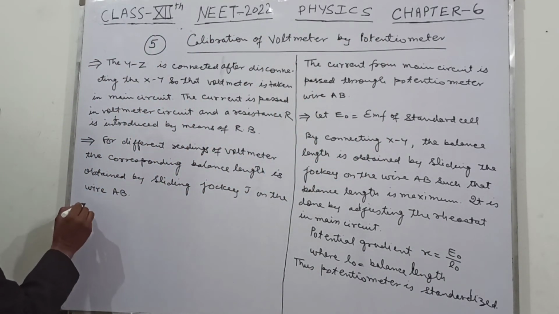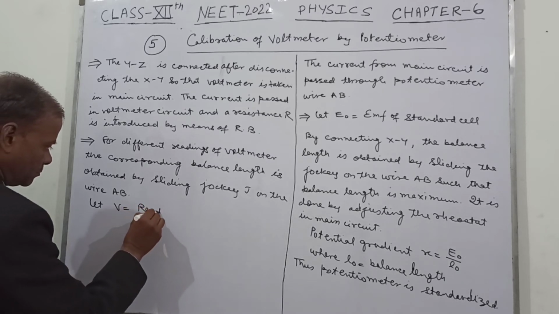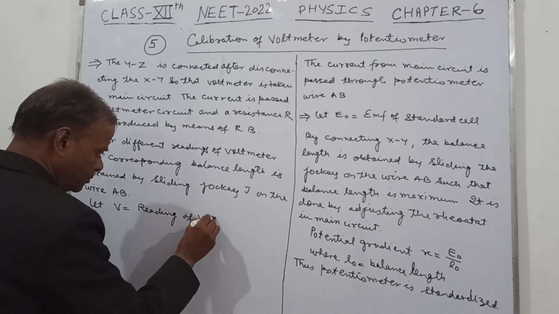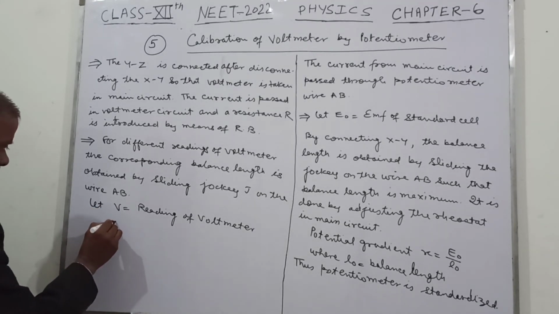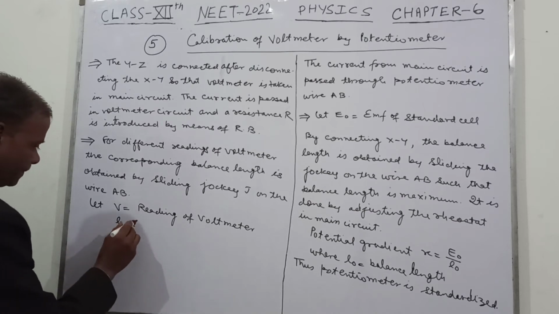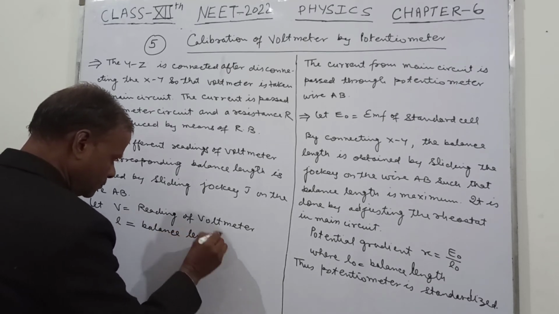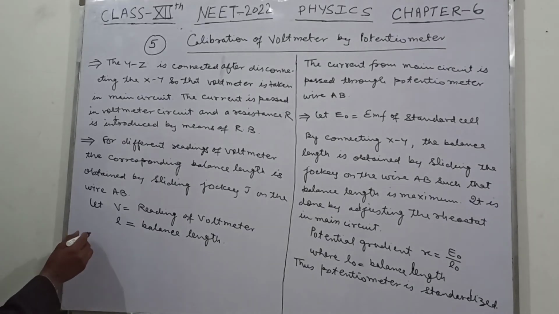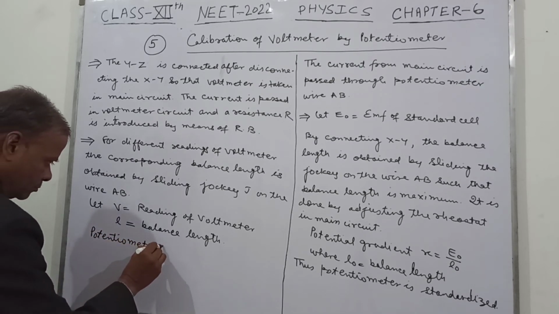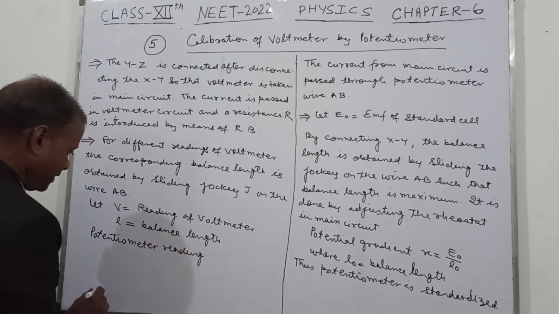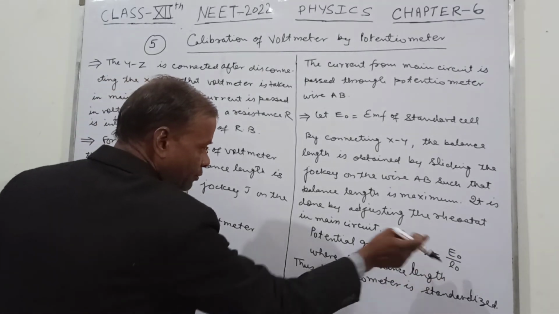So there are two readings, one from the voltmeter and the second from the potentiometer. Let V equal to the reading of the voltmeter and L equal to the balance length, then the potentiometer reading V dash equal to X into L. X is E naught upon L naught.